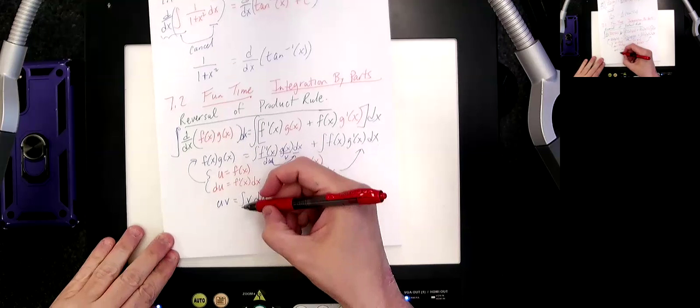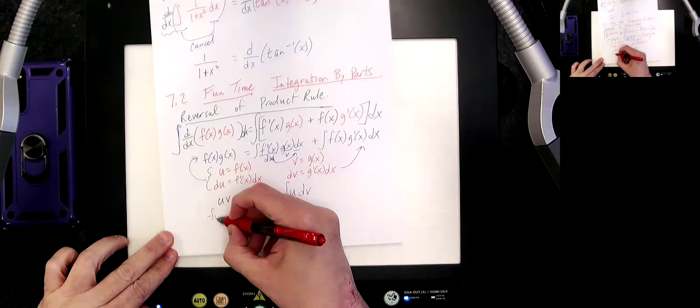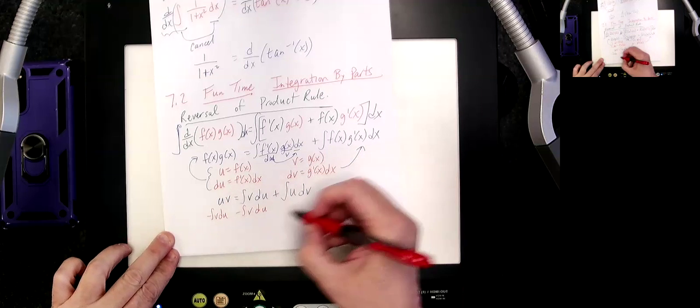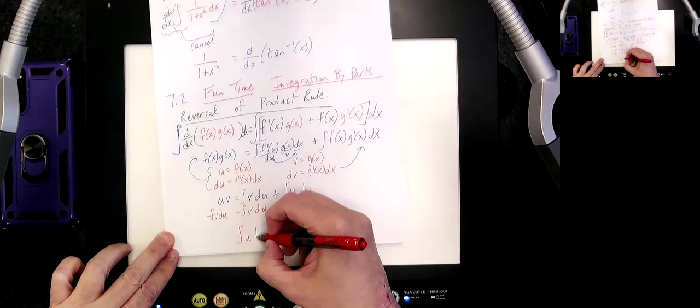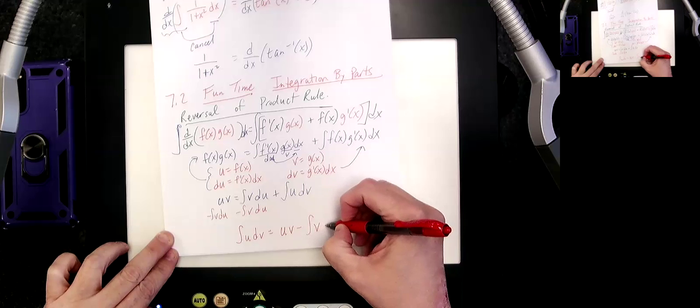Then you get the formula by subtracting the integral of v du from both sides. And we get the integral of u dv equals uv minus the integral of v du.